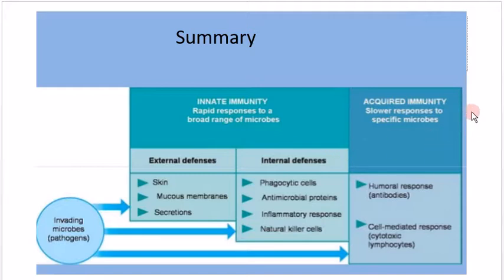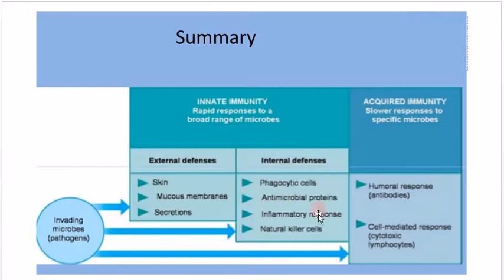Alright, now this is the summary of the whole process. The invading pathogens enter the body from the external, first layer, and second layer. This is the first layer, the skin and mucus. This will try to protect it. If not, it will enter the second layer. In the second layer, the phagocyte, neutrophil, antibacterial protein, and natural killer cell will act upon it.